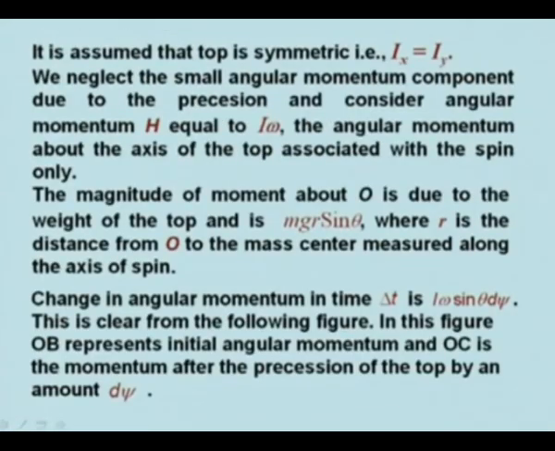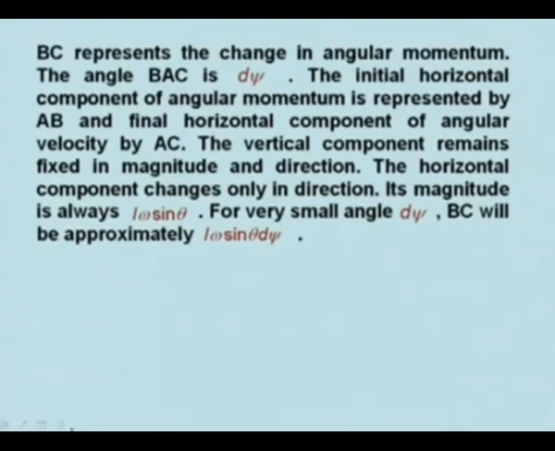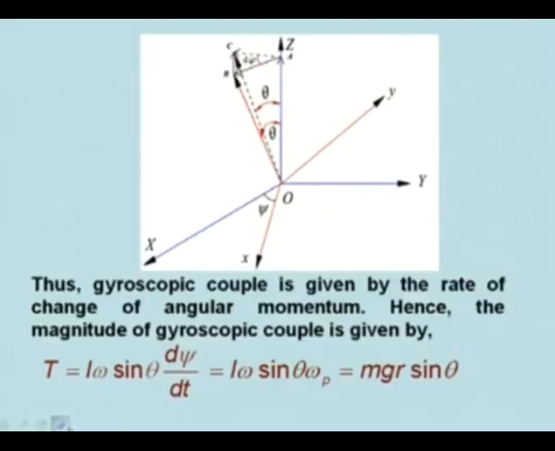Change in angular momentum in time dt is actually I omega sin theta d psi. This is clear from the following figure. Suppose this is I omega and it has changed like this.